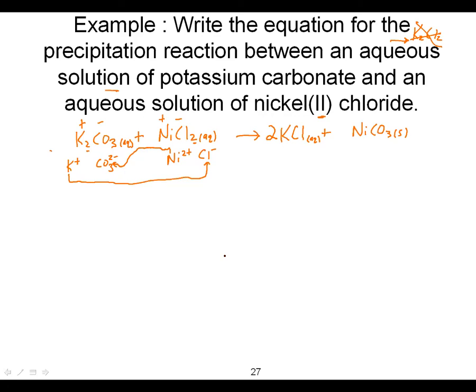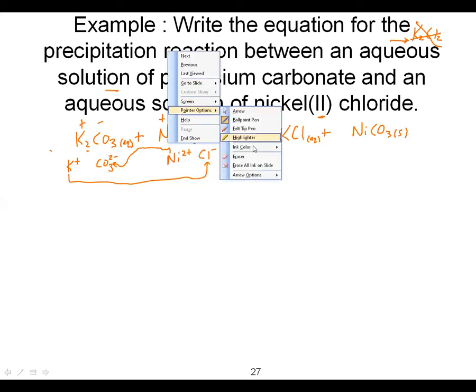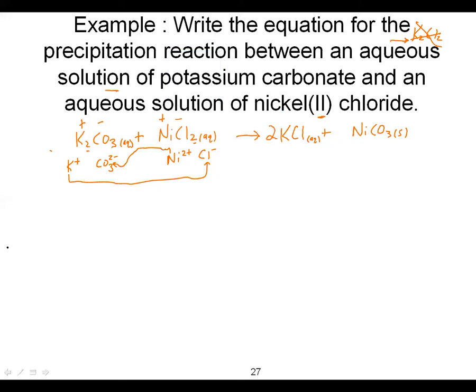It didn't really ask you to do so in this one, but just for practice, since we've been talking about it, if we wanted to write our total ionic equation, this obviously would be our molecular equation. For our total ionic equation, we would break apart everything that's aqueous. When we break apart our first guy, we get 2K pluses.